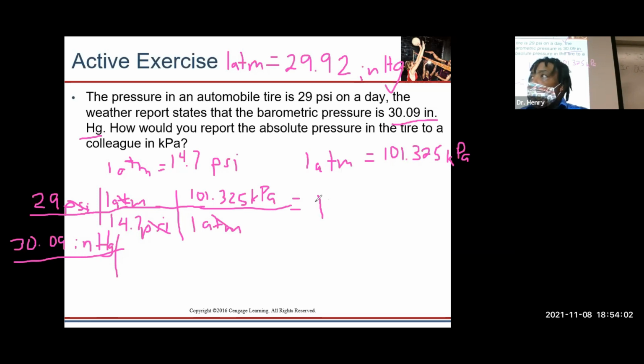So I get 199.89 kPa. Okay, how many sig figs should I have?